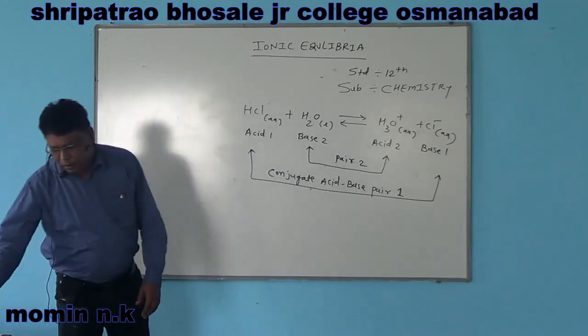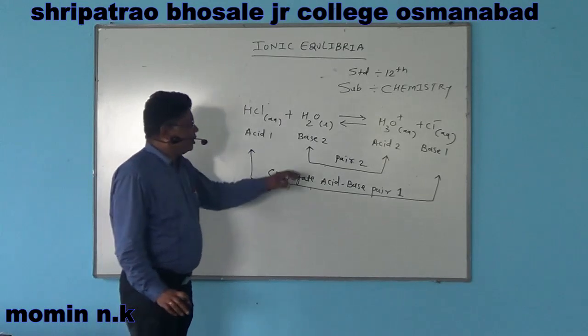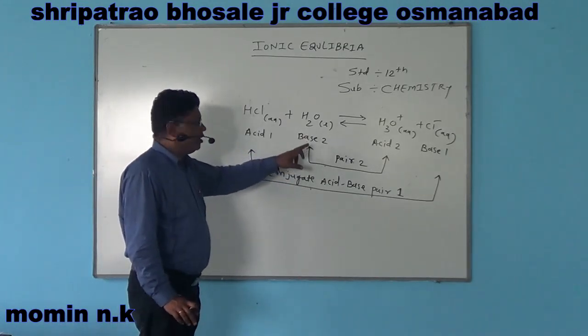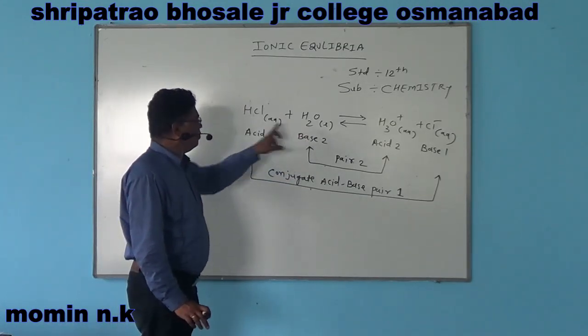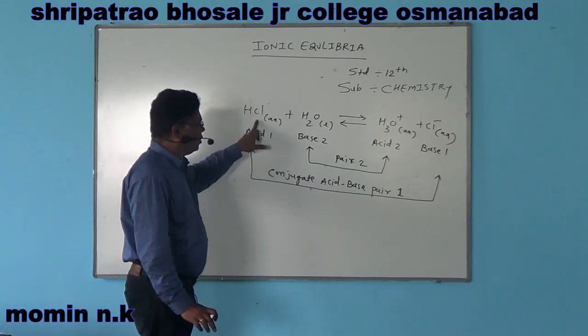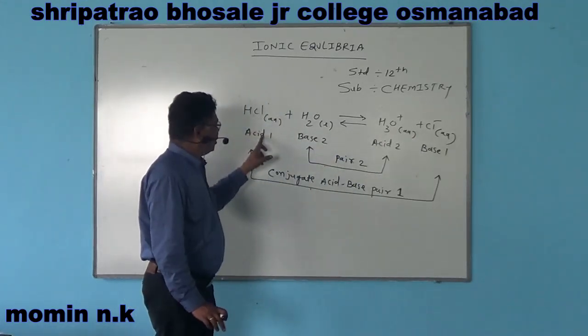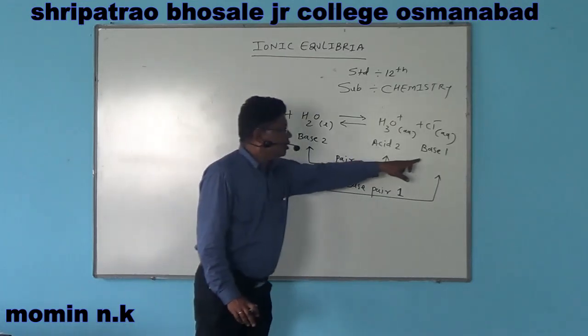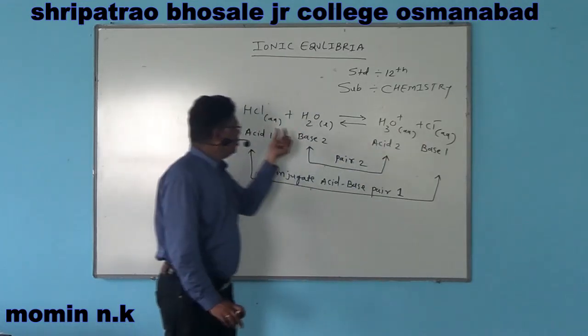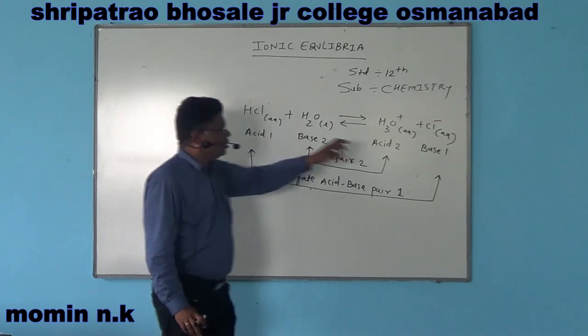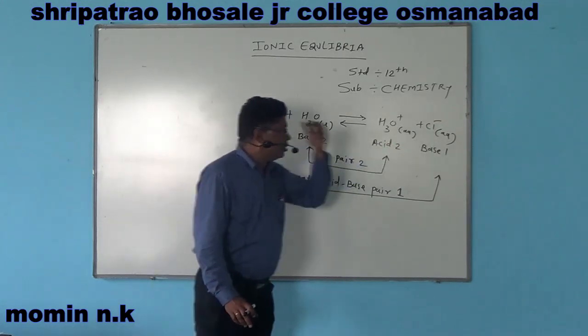So a pair of an acid and base differ by a proton. For example, HCl and Cl minus. You know that this pair of acid and base differ by a proton, means there is hydrogen here and no hydrogen here.